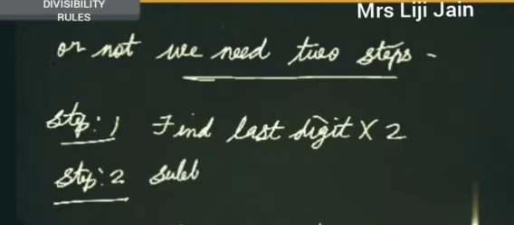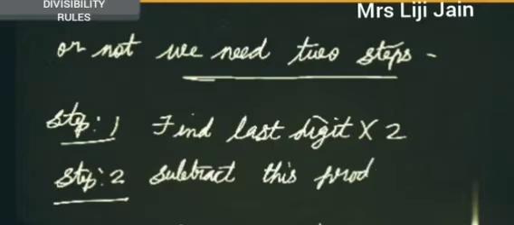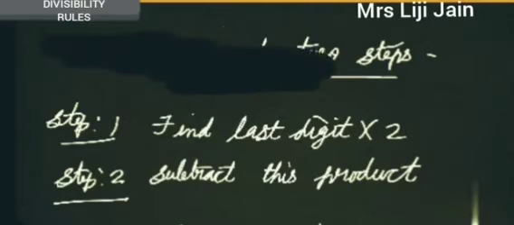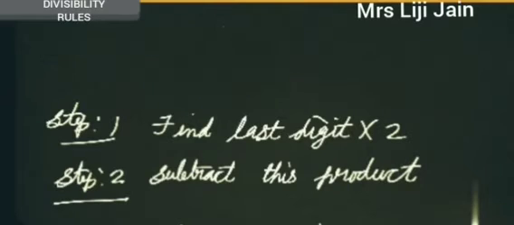Subtract this product from the rest of the digits. We got one product here while multiplying the last digit into 2.